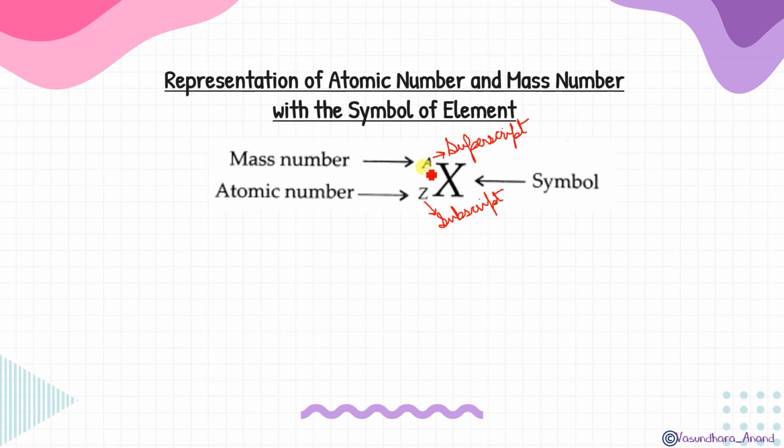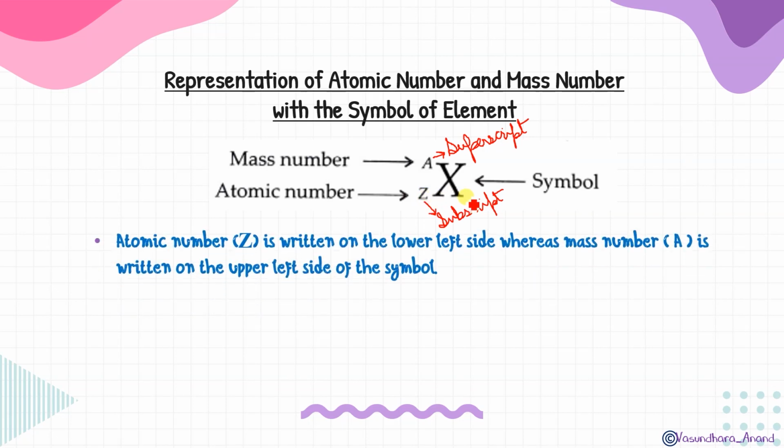It doesn't matter whether you are writing on the left side or right side, but it should always be superscript. Similarly, Z will always be a subscript. Atomic number Z is written on the lower side, and whether left or right, there is no problem. Whereas mass number A is written on the upper side of the symbol. Left side or right side is not important. The important thing is that one is upper and this is lower.